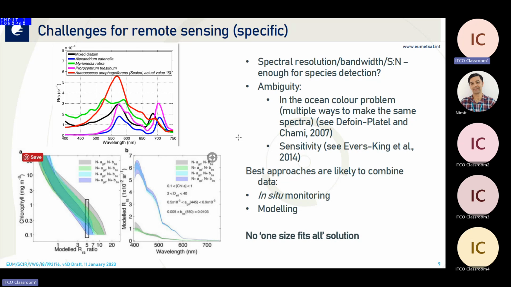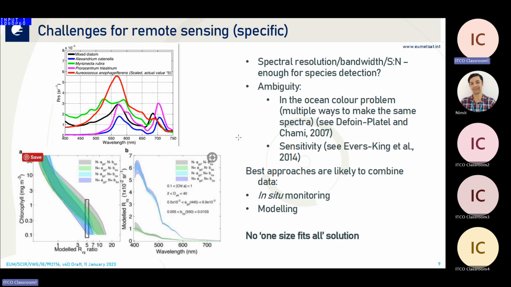But so far we had sensors with 13, 20 bands and with really broad wavelength ranges, and everything is really confused. So to identify exactly the peak that makes a distinction between two different types of phytoplankton species is really complicated.